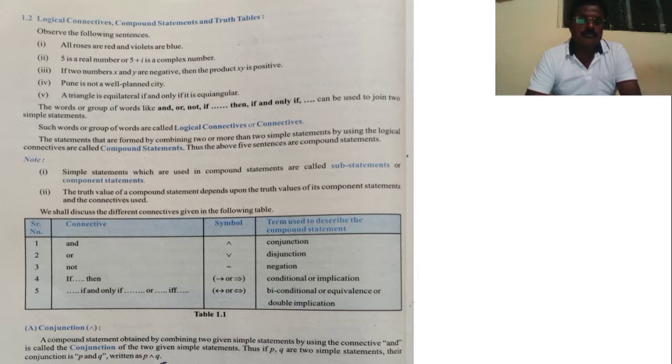Of these types, we write first the conjunction. The compound statement obtained by combining two given simple statements by using the connective and is called the conjunction of the two given statements.